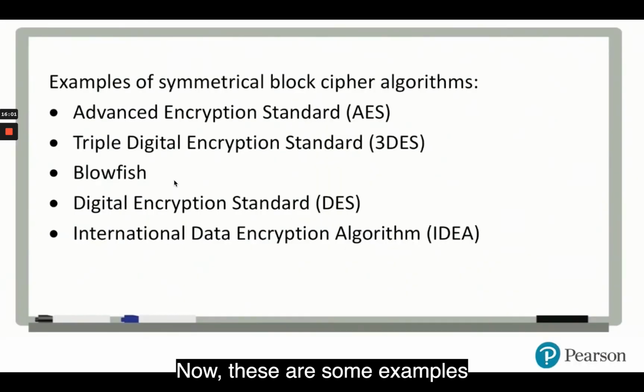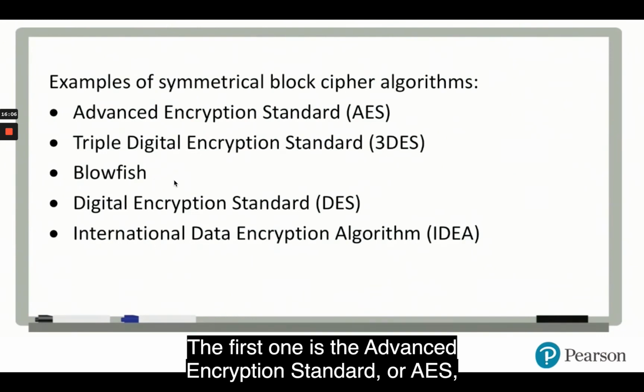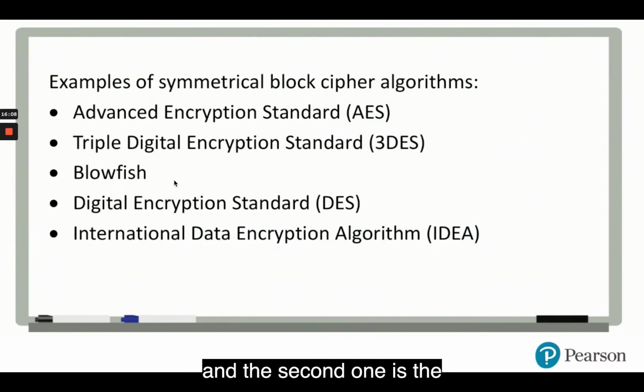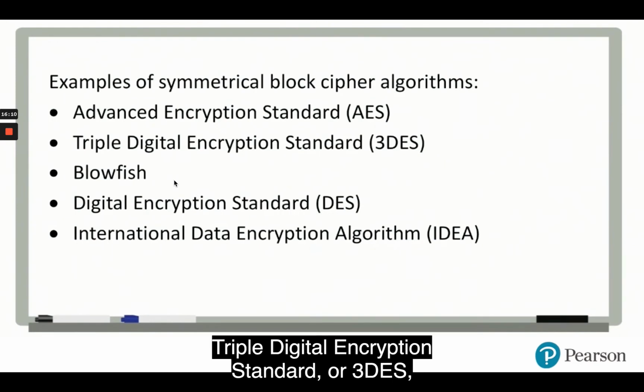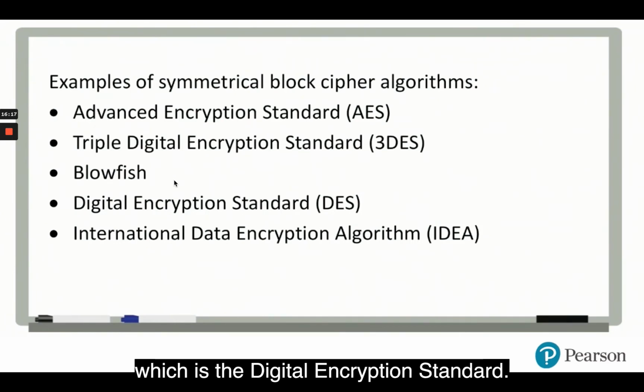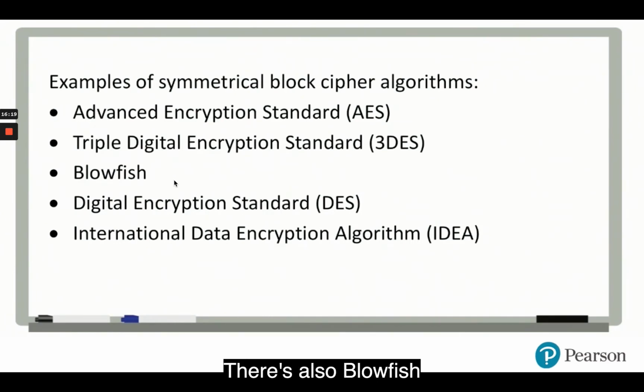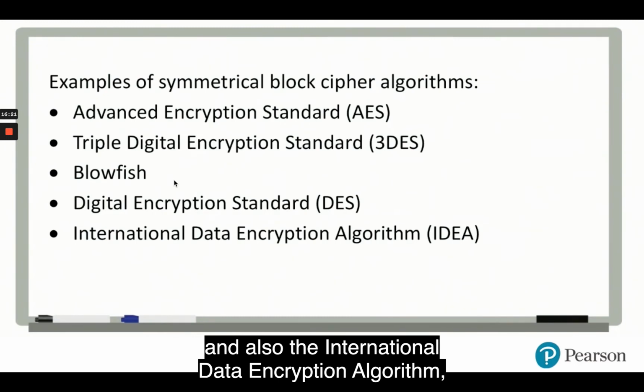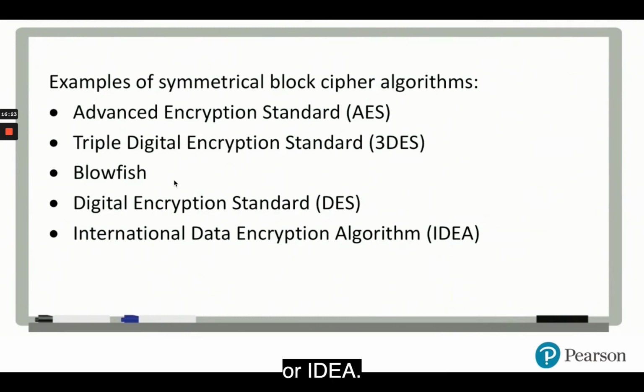Now, these are some examples of symmetric block cipher algorithms. The first one is the Advanced Encryption Standard, or AES. The second one is the Triple Data Encryption Standard, or TRIPLE-DES. Its predecessor is the third one on the list, which is the Data Encryption Standard. There's also Blowfish and the International Data Encryption Algorithm, or IDEA.